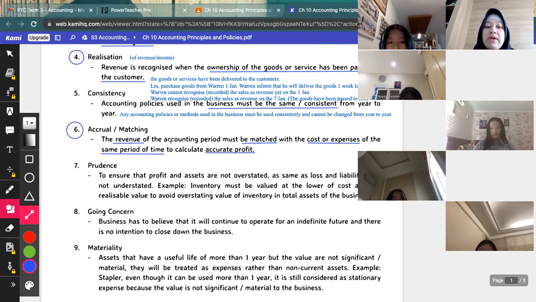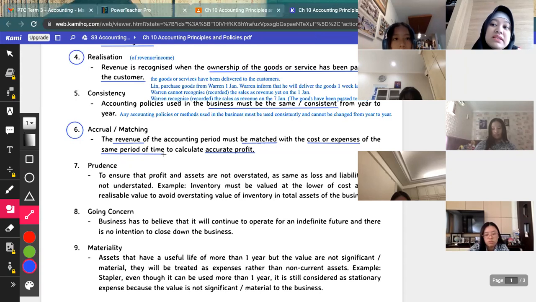Now, the revenue of the accounting period must be matched with the cost. The next phrase is really important: in the same period of time. This principle will connect to our next chapter, chapter 11. Sometimes in reality, when you pay expenses, it's not always in the same period. For example, sometimes you have to pay rent for more than one accounting period.